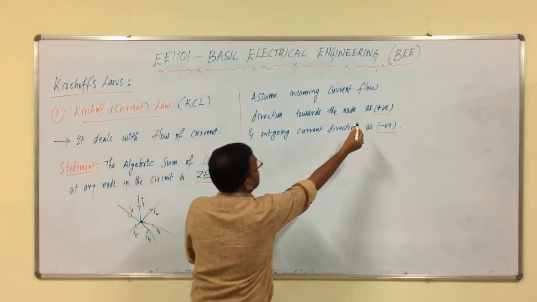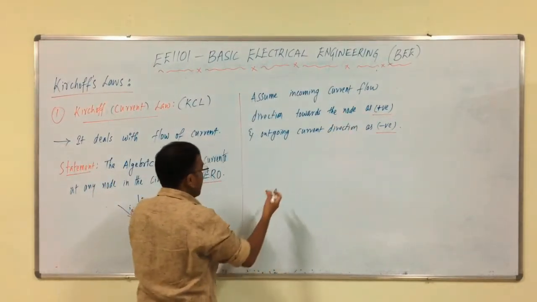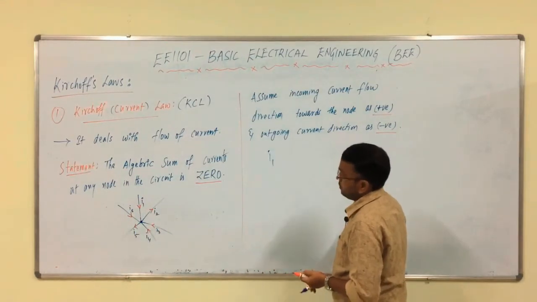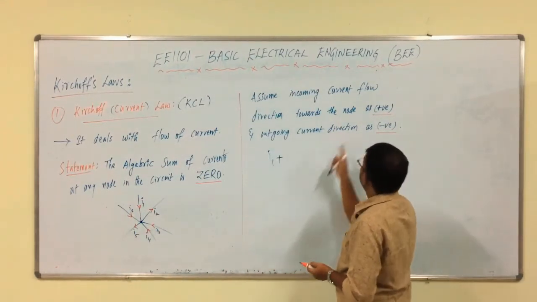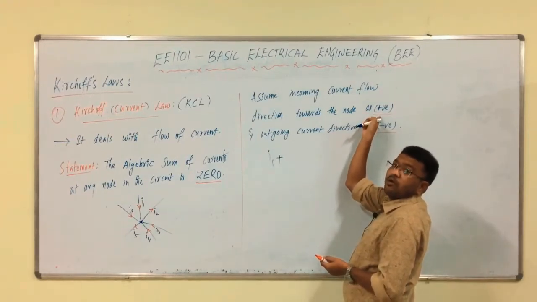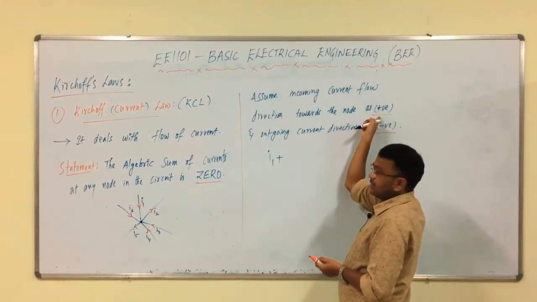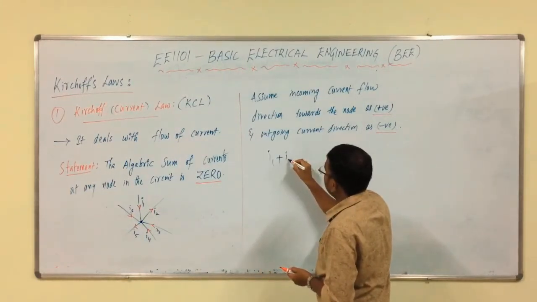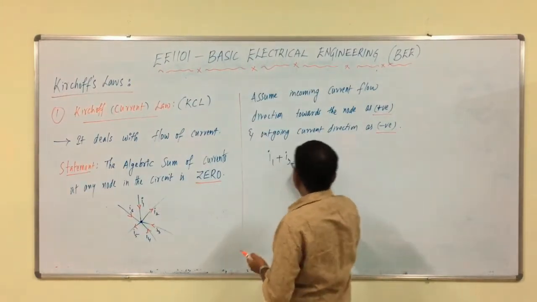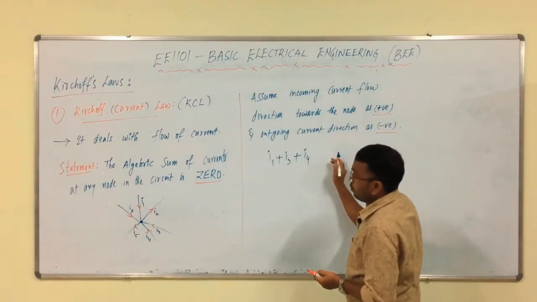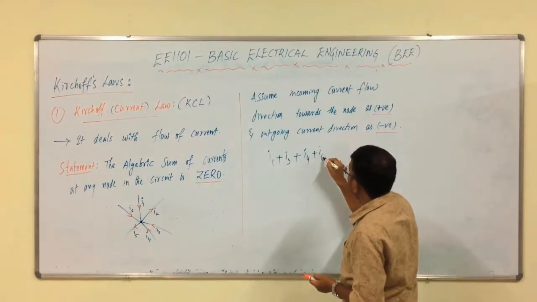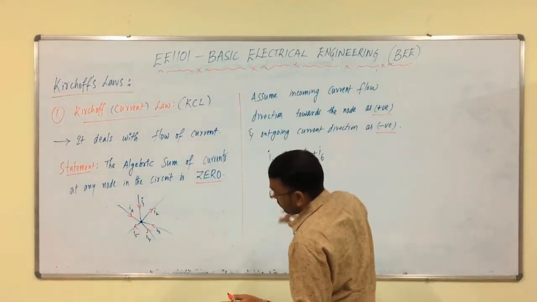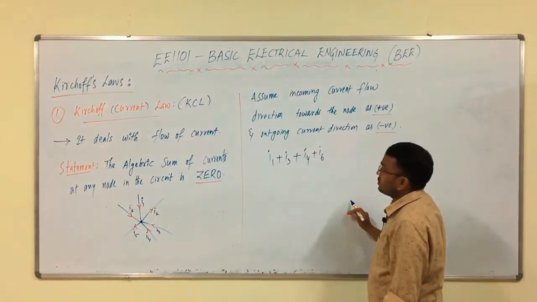Incoming current direction is positive, so I1 plus I3 plus I4 plus I6. The incoming current directions are completed.